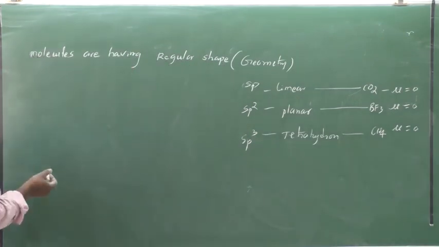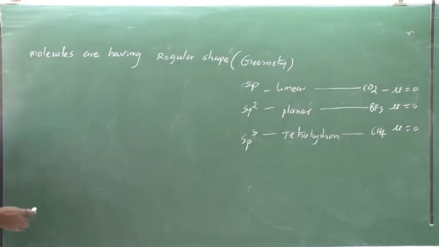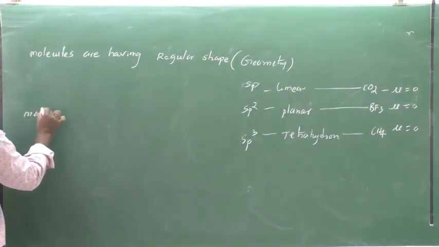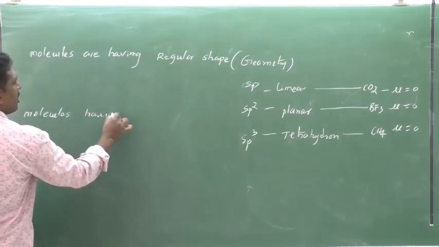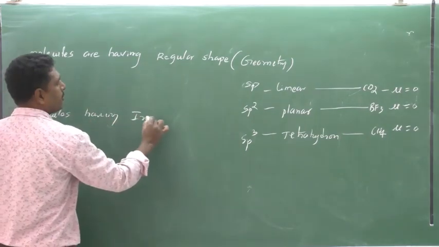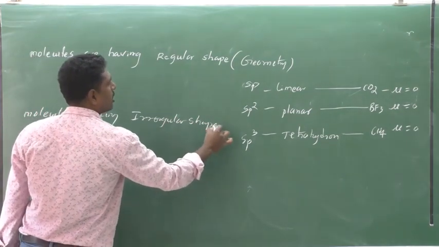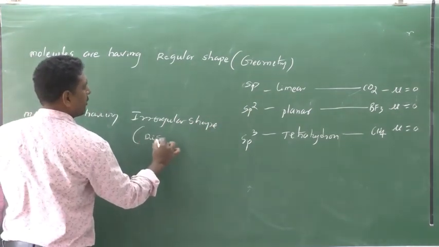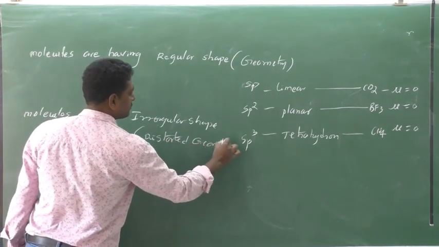But if the hybridization is the same but the shape is distorted, I will give an example. Molecules having distorted shape, irregular shape, or distorted geometry.